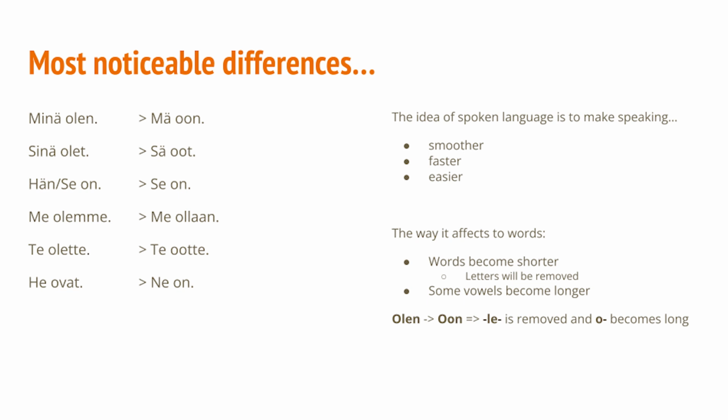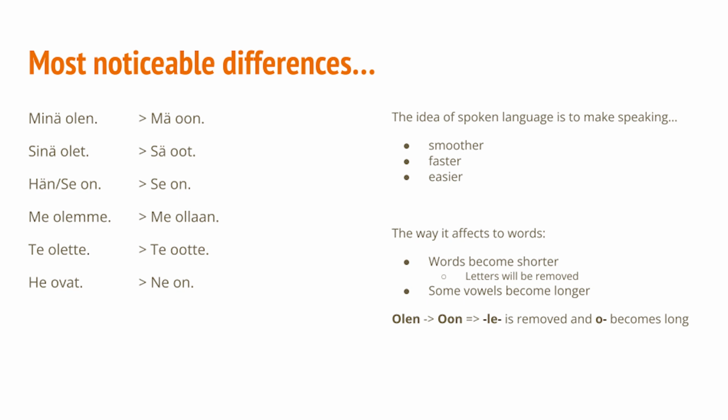Obviously, it depends on the words, but the general idea is that the word becomes way smoother when there's only two different letters compared to it having four letters and all of them being different. Because as you know, in the Finnish language, when there's a word with multiple letters, we pronounce every single letter.